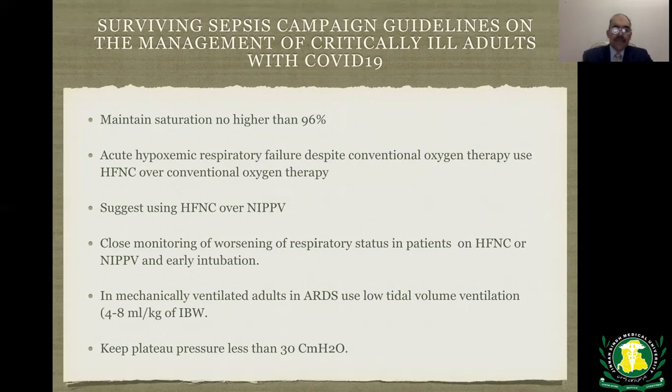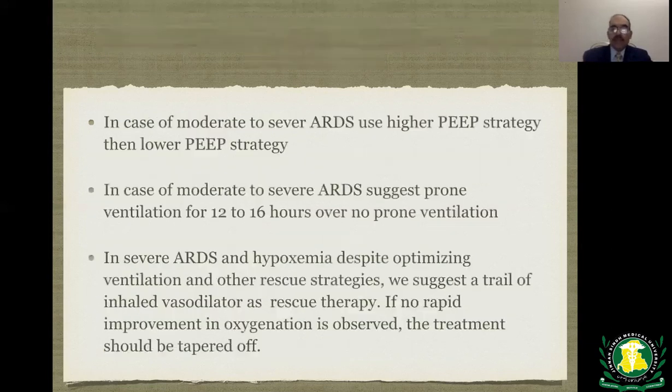You should have a low threshold to intubate these patients once they go on high flow nasal cannula. And if they get intubated, then use low volume lung protective ventilation, 4 to 8 ml per kg of ideal body weight. Keep their plateau pressure less than 30 and use higher PEEPs. In case of moderate to severe ARDS, put them in prone positioning 12 to 16 hours.